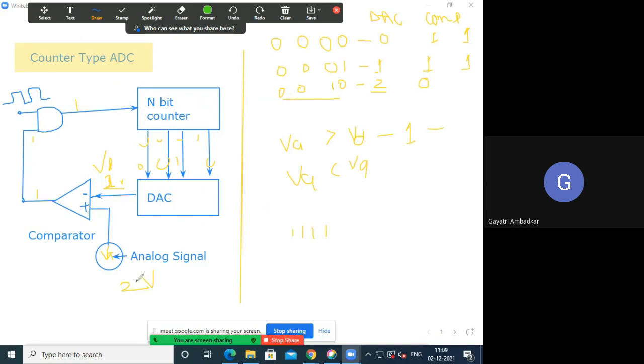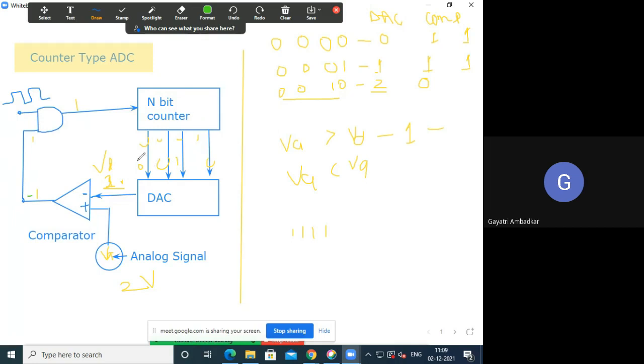Therefore, whenever VA is greater, the output of the comparator will be logic 1 and the clock will be passed further. But when the VD signal and VA signal become equal, or when VD becomes greater, then the logic produced by the comparator is 0. Therefore, further counting is stopped.